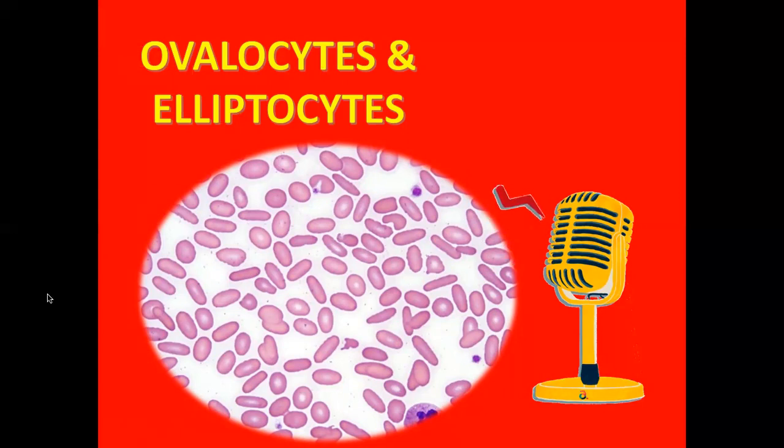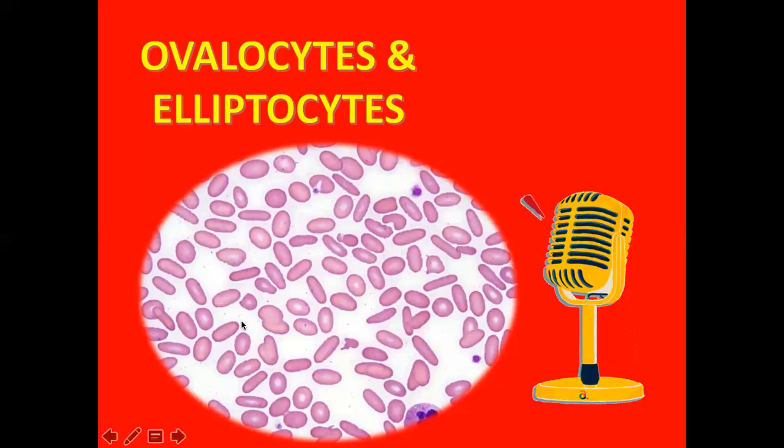And also, as you can see here, at the two ends of the cell the hemoglobin appears to be concentrated, leaving a normal central pallor area.